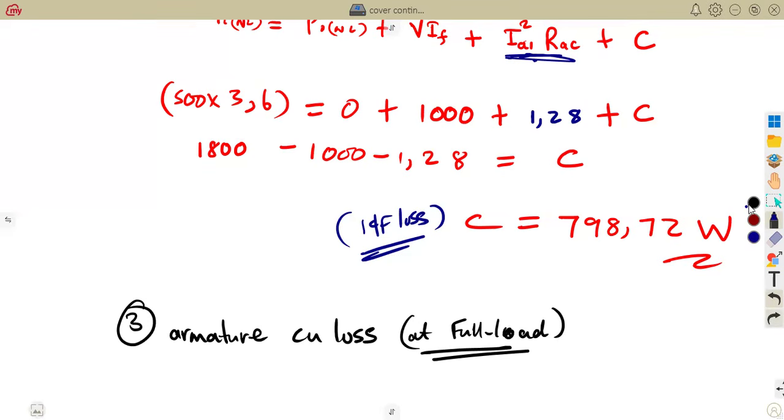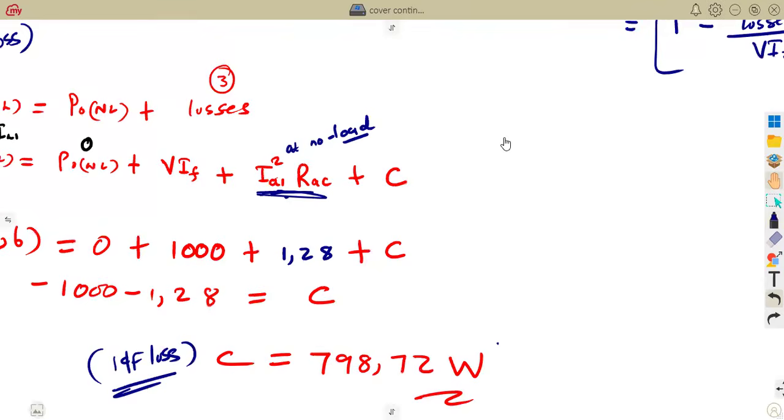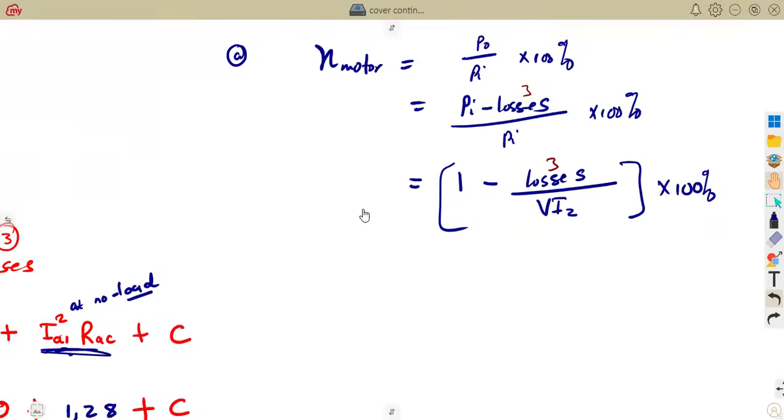The formula, guys, is not going to change: armature current squared times resistance of the armature circuit. It's the same. But at full load, so we are going to use subscript 2, the armature current that we have at full load.